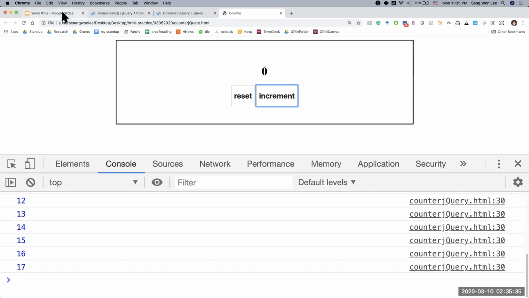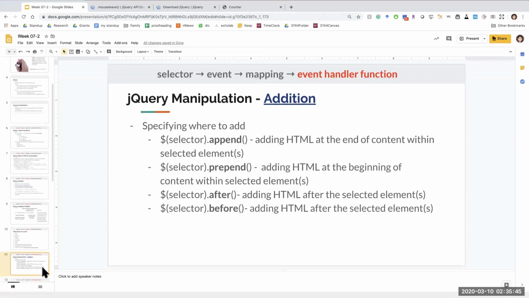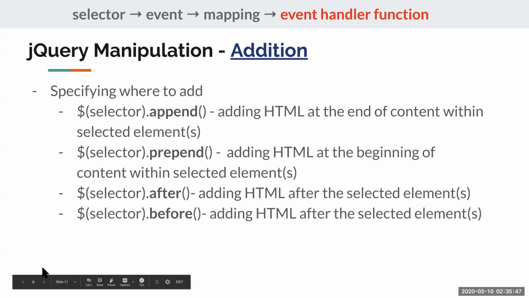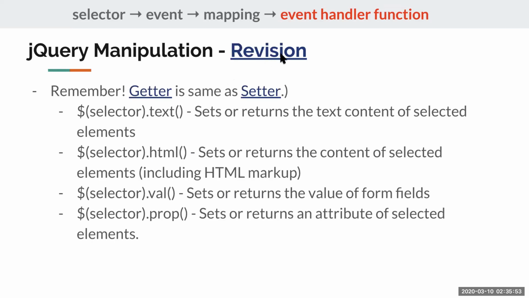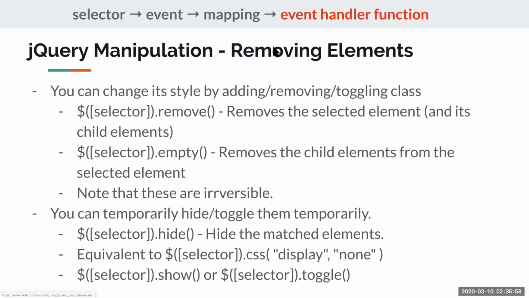To know that, we would have to know how to manipulate HTML elements. Here, I'm going to give you 3 different ways to manipulate elements. One is adding new elements, the second one is revising elements, and the last one is removing elements.